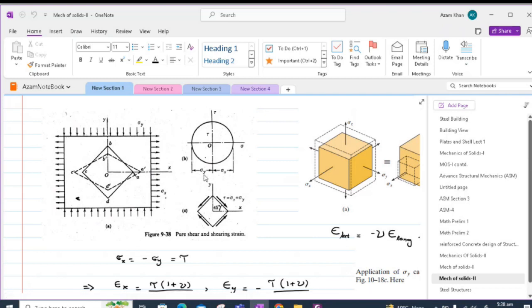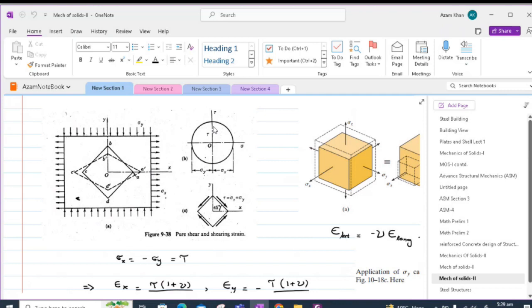The Mohr circle also shows that we would have a pure shear state equal to sigma x or sigma y. In other words, in our principal shear plane, we won't have any contribution from axial strains.